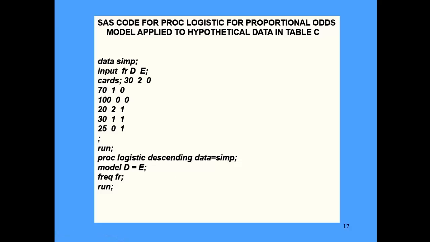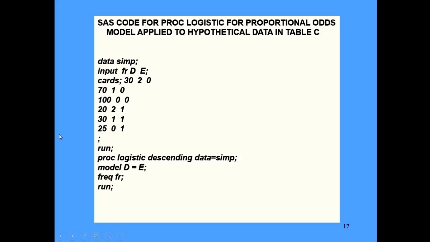The outcome variable is the D variable. The predictor variable is only one, and that's the exposure variable. And by putting in the FR, I'm telling the computer that I have 70 people like this, or 30 people like this. So I'm counting the people, and then I say run.